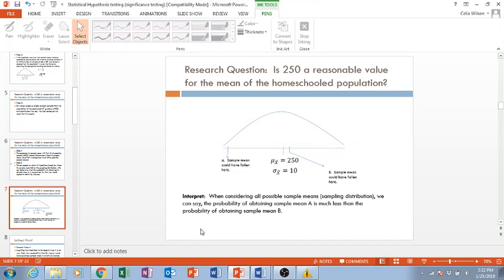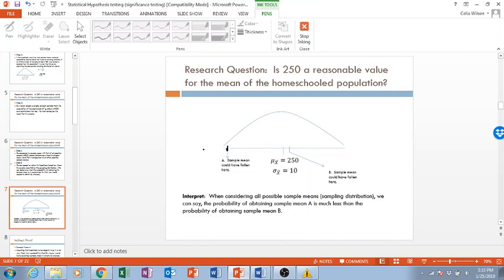Here are a couple of possibilities, and this is sort of what I was drawing before. Let's think about A. So he draws his sample of 25, calculates the mean, and what if his result ends up right there on A? What if it ends up right here?